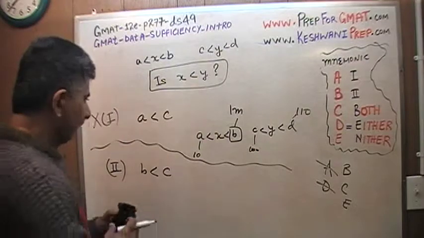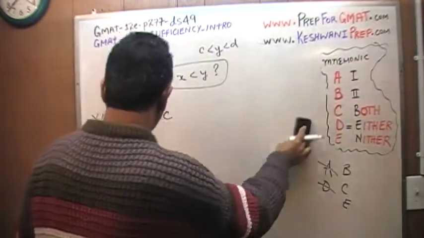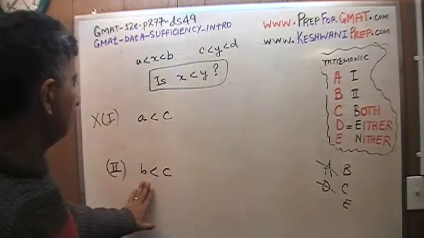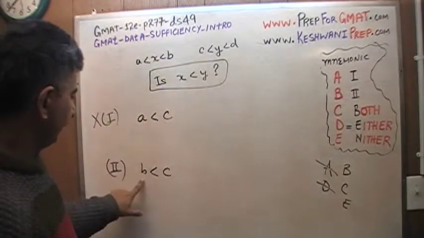Now we are going someplace. Let's erase all of this. B is less than C. That makes life very easy. B is the upper limit on x.